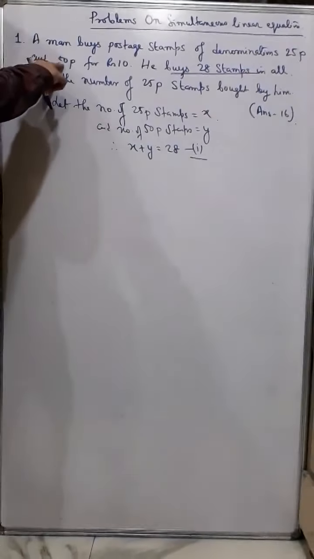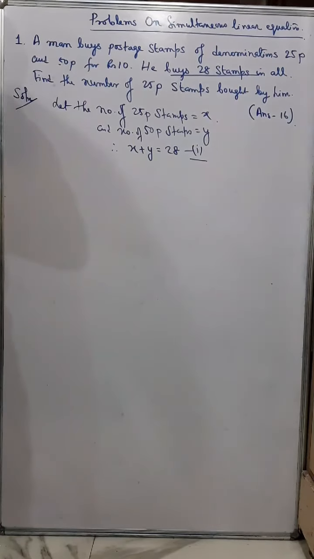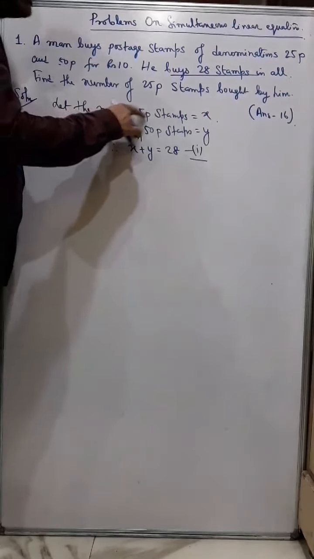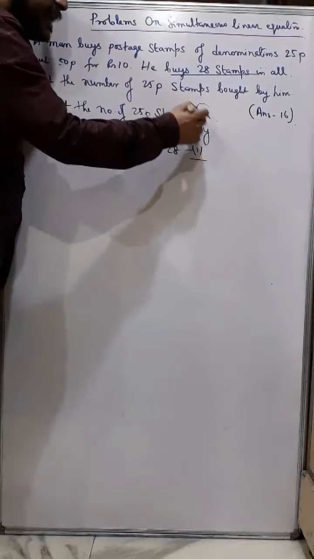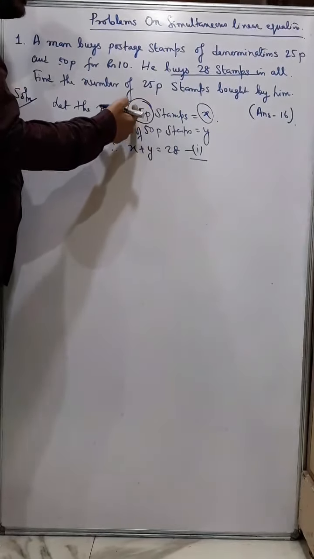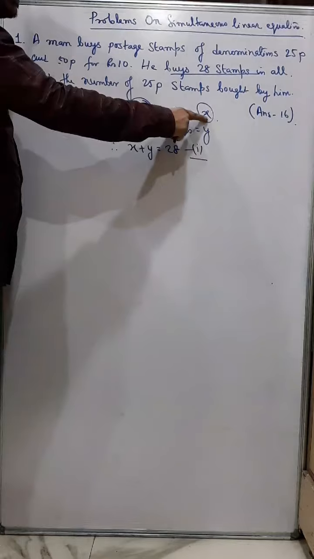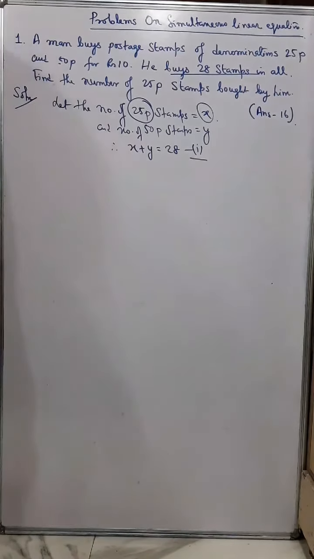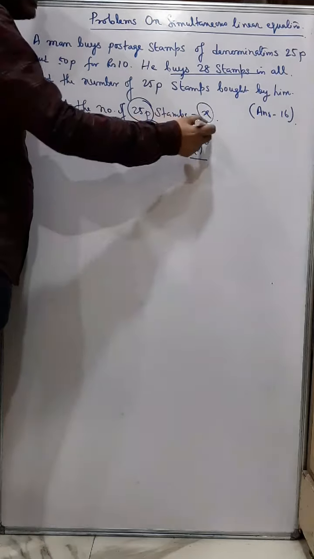Now the second equation we can frame from this statement. They told 25 paisa stamps and 50 paisa stamps, and the total valuation of the stamps is rupees 10. Now the number of 25 paisa stamps is x. So what is the cost of these x stamps? The cost will be 25 into x, because one stamp costs 25 paisa. So x stamps cost 25x paisa. Similarly, y stamps of the other type have a total valuation of 50y paisa.